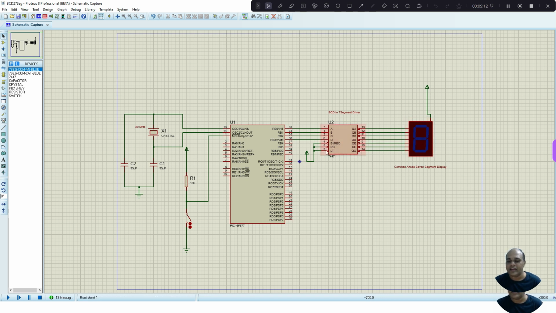You can see the test signals like lamp test, RBI and RBO are connected to the supply, since we are not going to use them. So this gives the circuit diagram, where I take a microcontroller, connect the oscillator circuit, reset circuit, and the 7 segment driver with the display is connected. Now let us go and discuss the program.